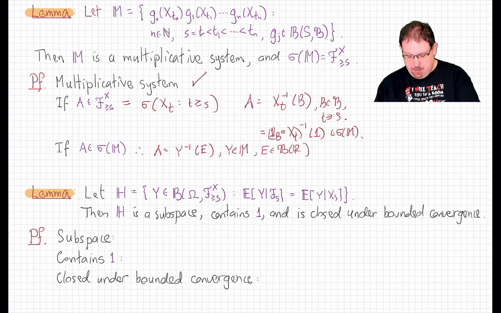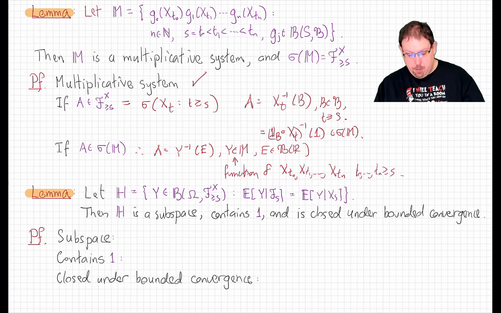But our multiplicative system here consists of functions of the process at some times that are in the future of s. That means that Y will be measurable with respect to the sigma field generated by all the times in the future of s, and therefore for any Borel set E, this preimage will indeed be in this sigma field. So that shows the forward containment and shows that sigma of M is equal to the future sigma field as desired.